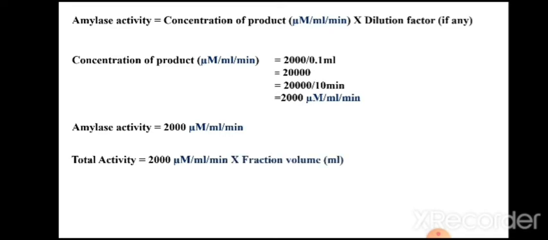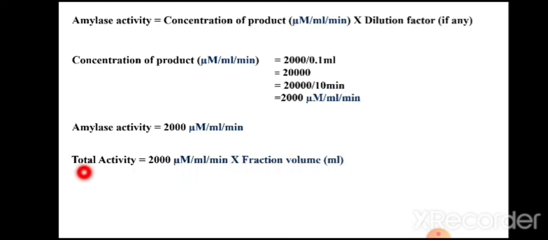Now there is no dilution factor, so now we can consider what is the total quantity. That means you have expressed the activity for 1 ml only, but the crude extract, that is called the fraction volume, may be 10 ml, 20 ml, 30 ml, 100 ml, 1000 ml or whatever.